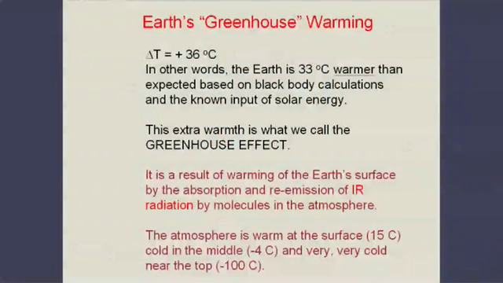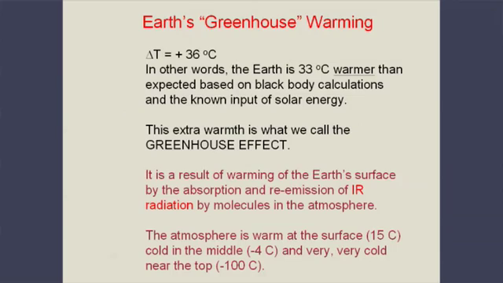So that leads to the million-dollar question: what the heck is the greenhouse effect and what causes it? The simplest characterization is it's a warming of the Earth's surface caused by the absorption and re-emission of infrared radiation by the atmosphere. Remember I said all objects radiate?